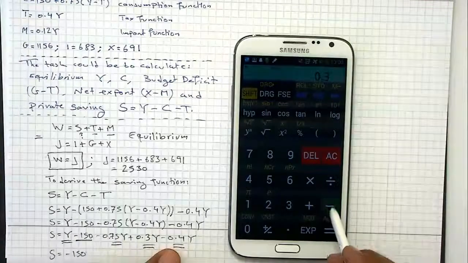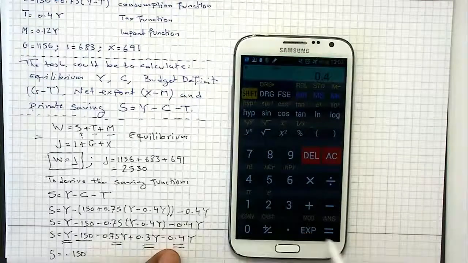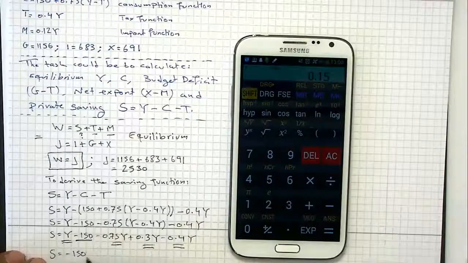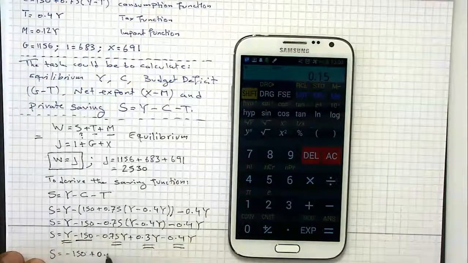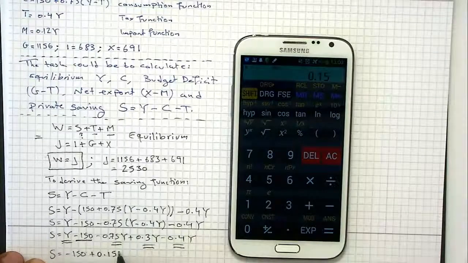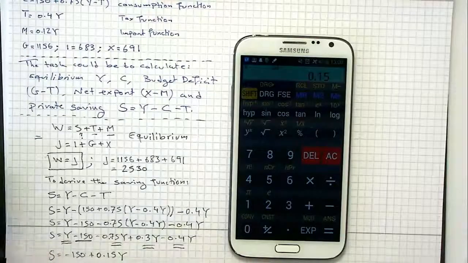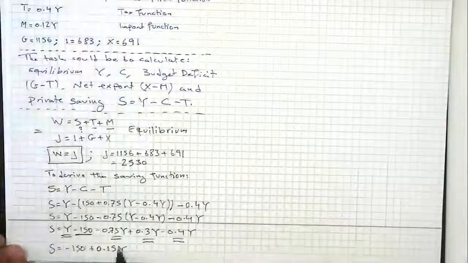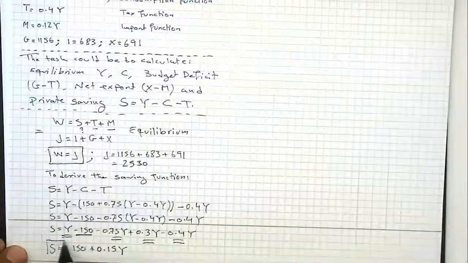Then I have minus 0.4. And the sum will be plus 0.15 Y. This is actually the saving function.